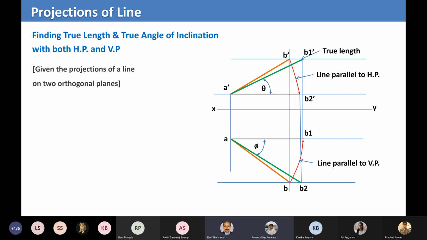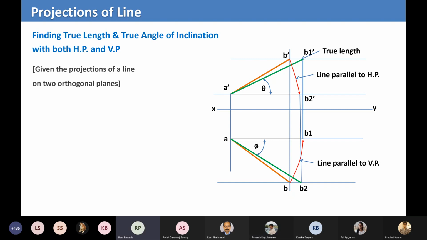And when you come to the top view, in a similar fashion, if you rotate AB to AB2, you get a true angle with respect to the vertical plane. So with respect to two different planes, you have two different angles. Those are what we represent as theta and phi. It's easier if you imagine graphically how it's coming.